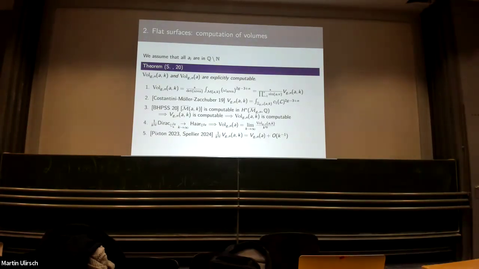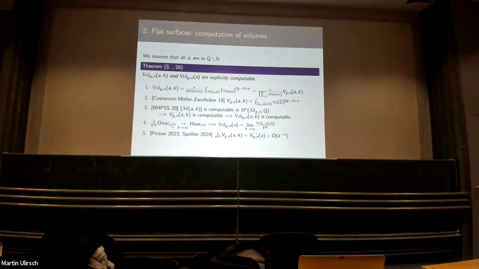And if you do this, you have to control. Okay, so you get some formulas for Volgian of AK, and then you have to control its growth as K goes to infinity. Okay, and to do it, you need a result by Pixton and Spelier, which is some, let's say, folklore fact that was wrong in this domain.